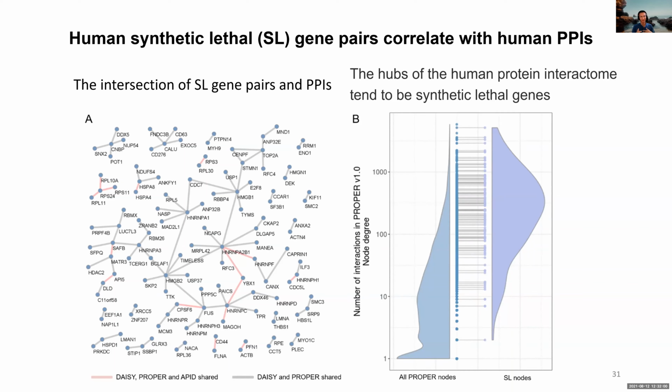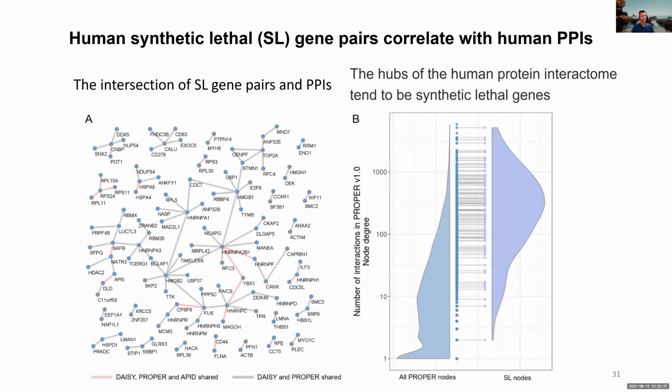Apparently, this may not be just straightforward from experimental studies, but there are recent developments using both experiments and bioinformatic methods to inform us of the human synthetic lethal gene pairs. So Irene took the overlap between the inferred human synthetic lethal gene pairs and the human protein interactions identified by PROPER-seq, and these are the intersection.